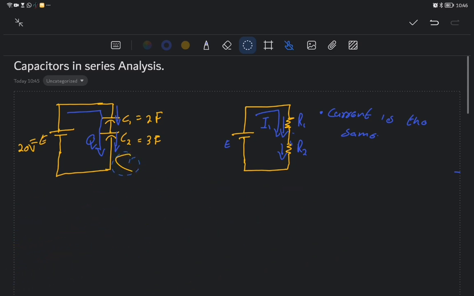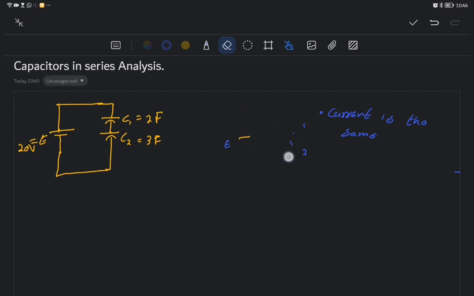Now we spoke about having the same charge in series, because it's directly related to the current, right? Now let's go into the formulas we're going to be using.